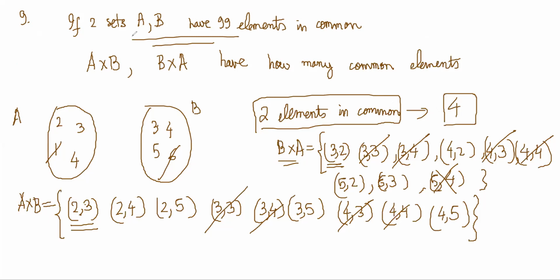So one more check we can do. Let's think through it theoretically. If A and B have 99 elements in common, let's say the common elements are called A1, A2, A3, and so on till A99.